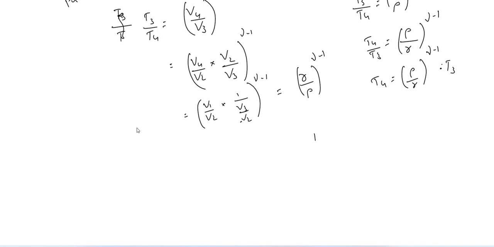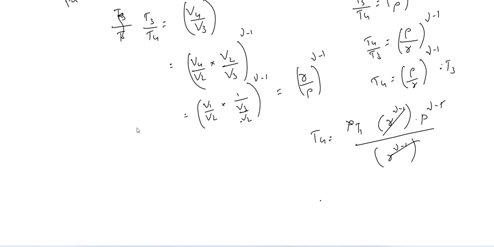Then T4 equals rho T1 R power gamma minus 1 into rho gamma minus 1 divided by R power gamma minus 1. See, this gets cancelled, and rho here, 1 will get cancelled.